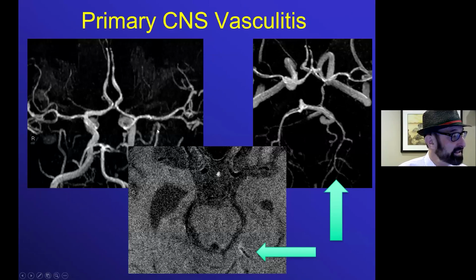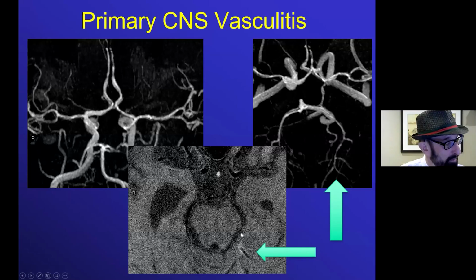So here again is where our vascular imaging of the intracranial vessels is very useful, both for the MRAs as well as the black blood imaging. Here, for example, we see the patient. Let's just look at this right posterior cerebral artery where we see areas of vascular narrowing amidst the normal caliber of the blood vessel, both in the longitudinal section of the blood vessel as well as, in this case, a focal area at the bifurcation.